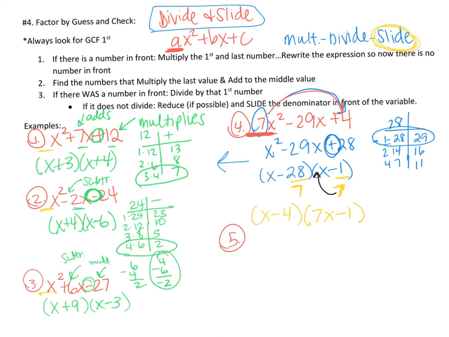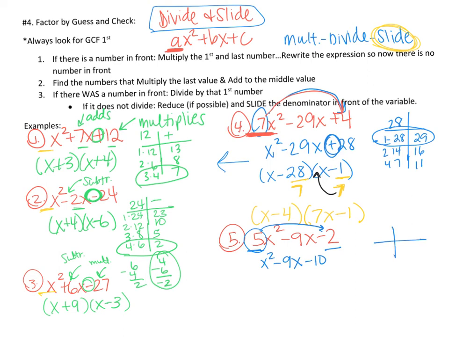Since I talked through that one, let's see if we can work through this next one a little bit quicker. All right, so I see that there's a number in front. So I'm going to take that number and multiply it to the back here. So really what I have is x squared minus 9x minus 10.